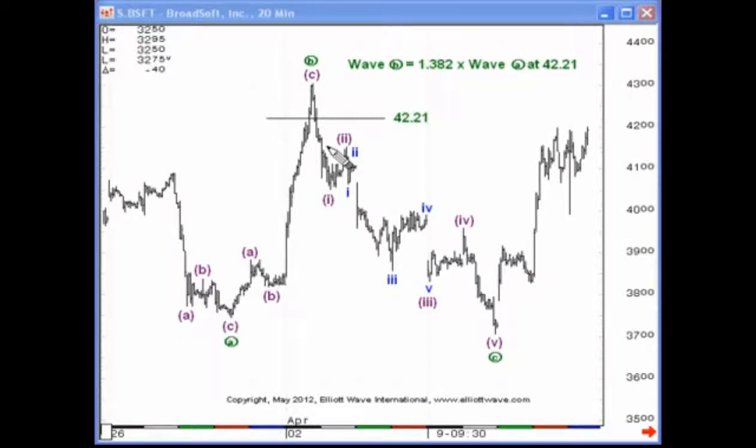It's important to understand that the 1.382 measurement is actually a guideline that Elliotticians use. It's not an absolute. We can actually see wave B travel to 1.236, 1.382, or maybe even 1.618. But I will say that we'd put a limit on this. And what I mean by that is typically we do not like to see wave B travel a 2.0 multiple or higher.